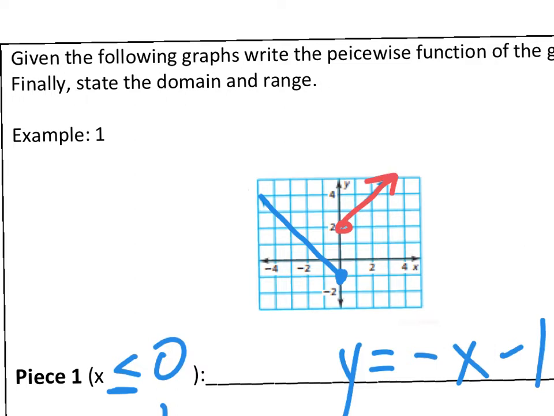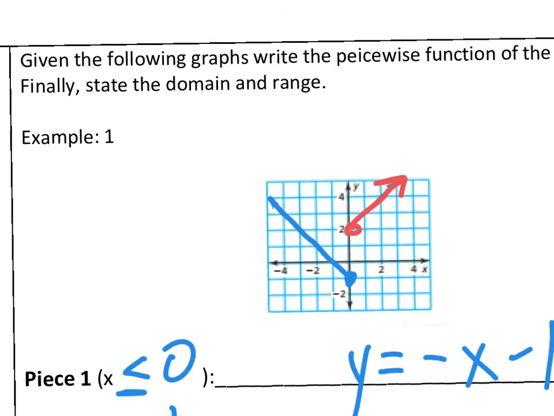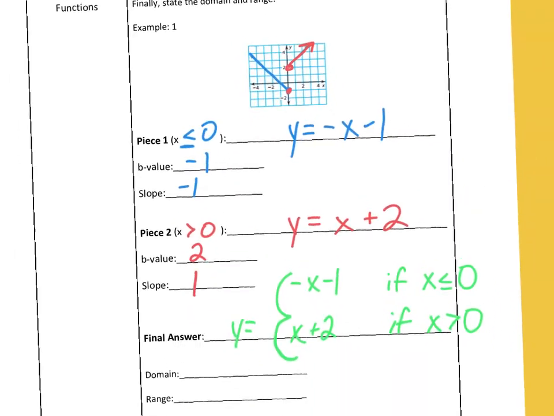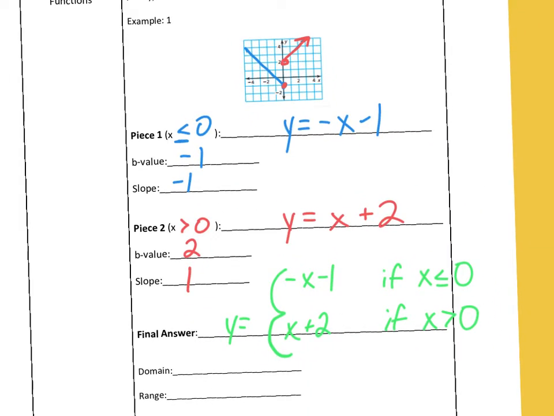So it should be no. Because even though there is an open dot right here on this axis, there's still a closed dot right below it on 0, right? So 0 is technically defined, but only in one place. And then I'm going right to infinity, correct? So the domain on this one is going to be negative infinity to infinity. We'll go ahead and put that in here.